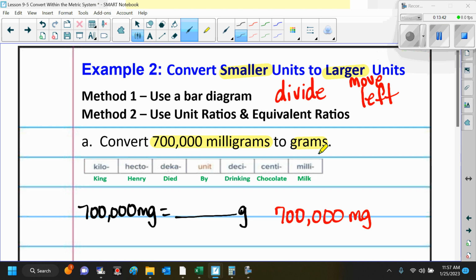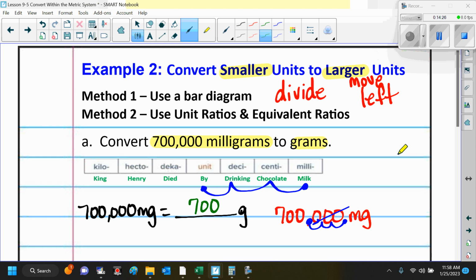So here we are right over here. And what do I want to get to? I want to get to grams, which is the base unit, right here. How many times do I have to move my decimal? 3. 1, 2, 3. Right now the decimal is at the end, so we move that decimal 3 units to the left. And since these are all zeros behind the decimal, can't I just cross them out? Yeah. So 700,000 milligrams is equal to 700 grams. Is everybody clear?